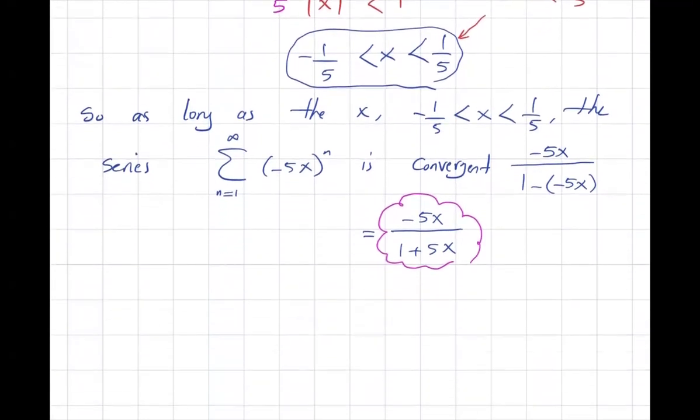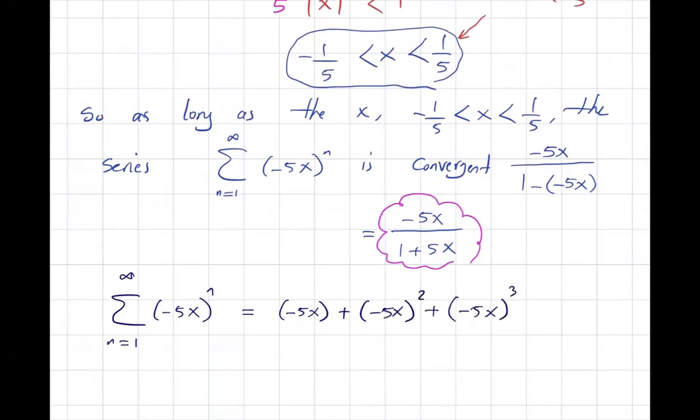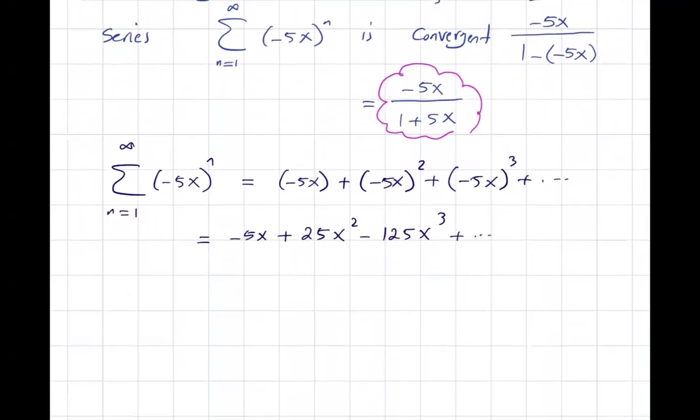So let us take a look. The summation of (-5x) to the power n, starts from 1, goes to infinity, which is -5x plus (-5x) to the second plus (-5x) to the third plus the rest of the terms. Or we have negative 5x plus 25x squared minus 125x cubed plus the rest of the terms. Guys, this is the sum of polynomials.